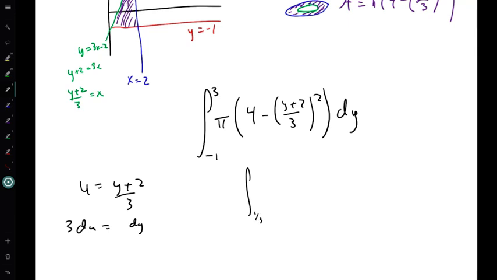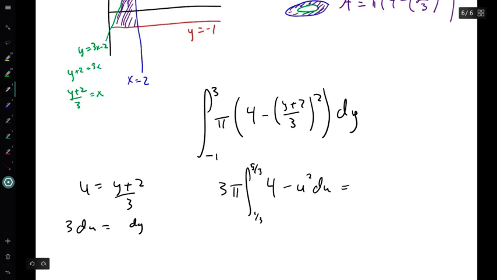The y value of 3 is going to correspond to the u value of 5/3. And now we're going to have a pi, which we can factor out of the integral. We're going to have a 4 minus u squared, and dy is 3 du, so we can factor that 3 out and have a du here.